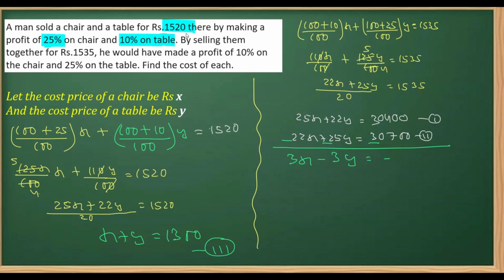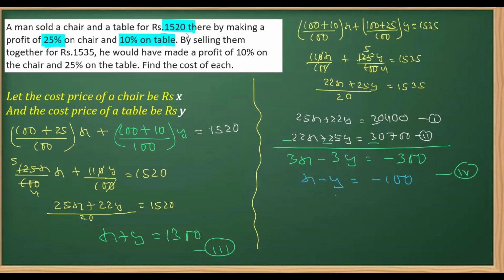This is coming as minus 300, right? 700 minus 400. Now here if I take 3 as common, on dividing this with 3, I'll get minus 100. Now I'll take this as equation 4. You can figure out now that the two linear equations have become very small, right? And we can now use elimination in these two.